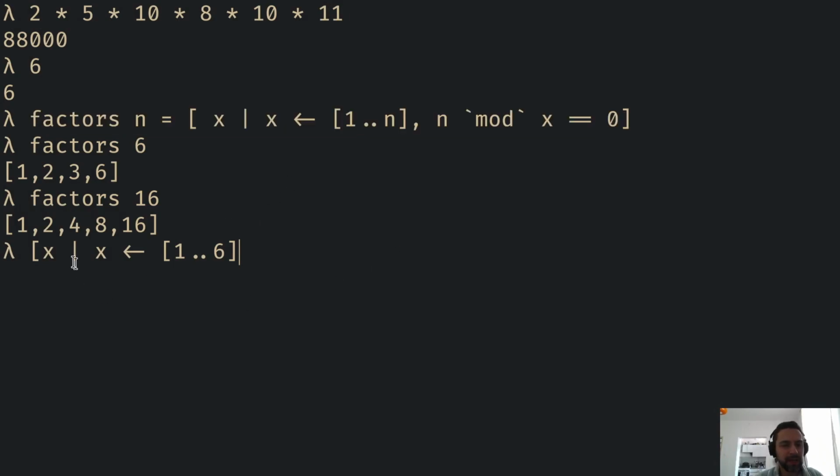So we have an x. Is this an x? Factors? Or is it a list? Because we do get a list. 6, 1 to 6. And mod.